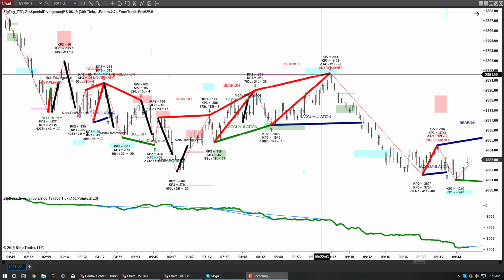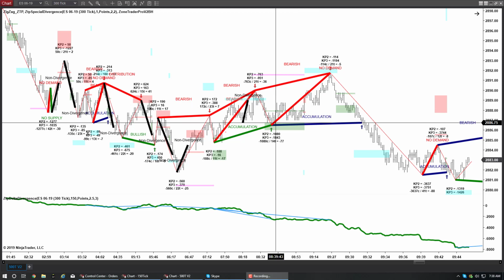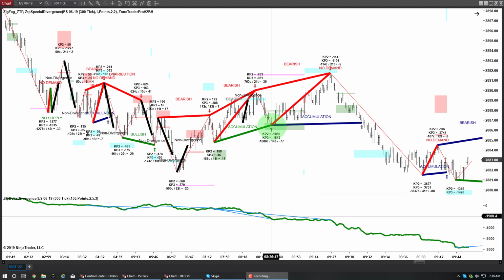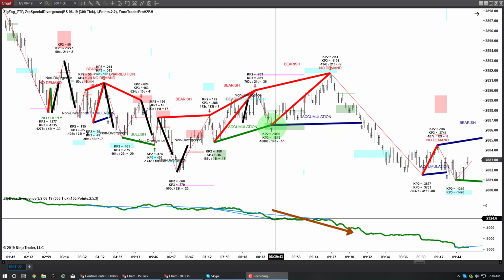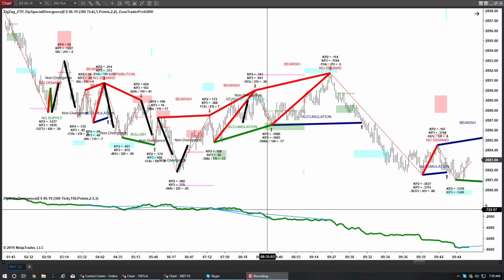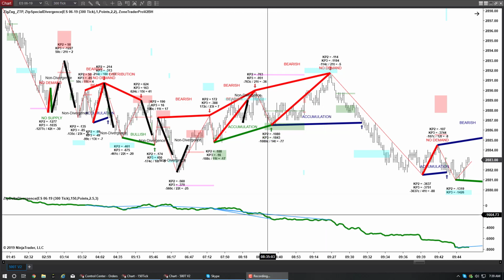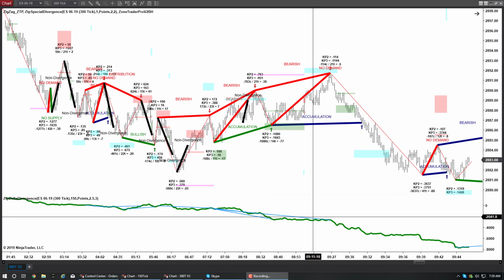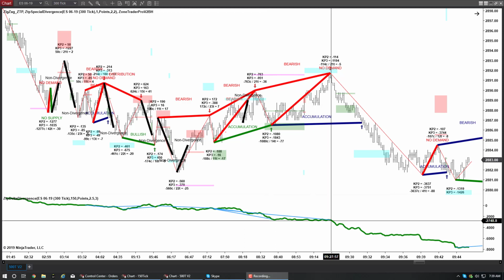And this is important because, as you see right here, when we made this trade, the smart money continued to sell off into the price rise here. And it's kind of important because what you're looking at is the hour before the open right here.